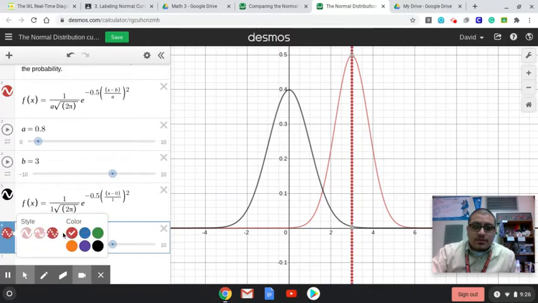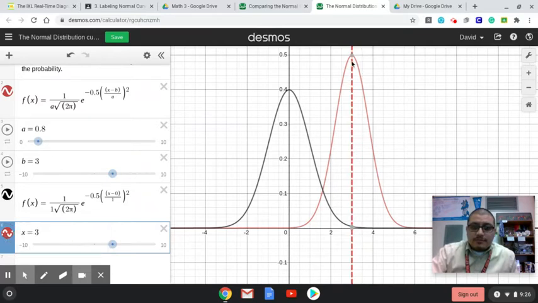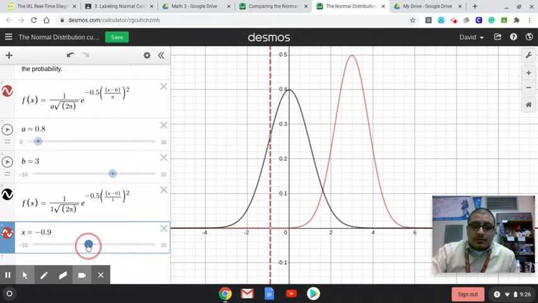And so you can see that there's this mean at 3. The mean is the line of symmetry, which is right down the middle. Mean is average. And then of course, if you look at the mean right here for the original normal curve, it's at 0.